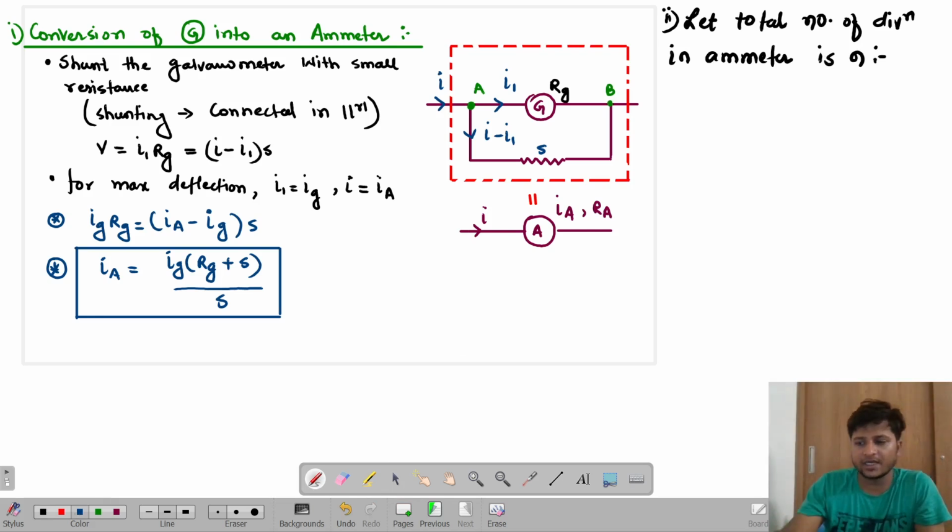Then I can define the current sensitivity of the ammeter, that is, how much current it can sense per division.